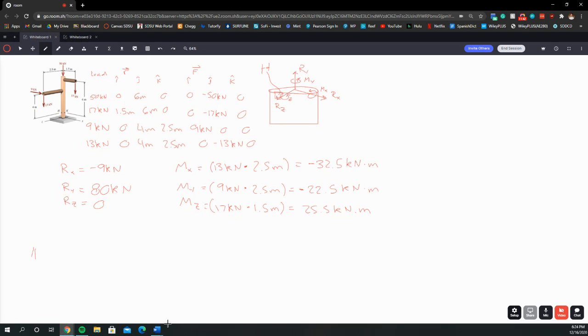So we'll go with axial stress. Let's call this sigma y equals P over A, where P is 50 kilonewtons.